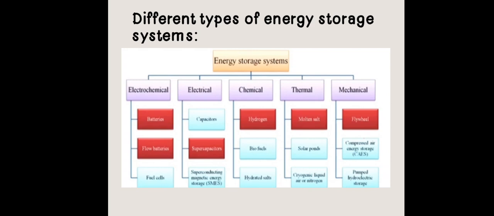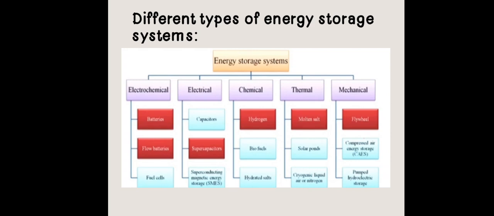Energy storage systems, first one is electrochemical. Electrochemical energy system is realized by electron and ion charge or discharge. Basically, it is typically divided into batteries, flow batteries, fuel cells.